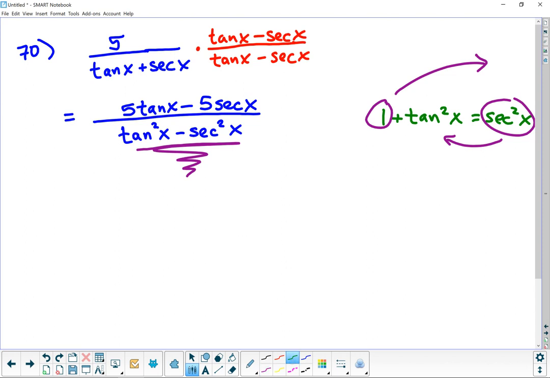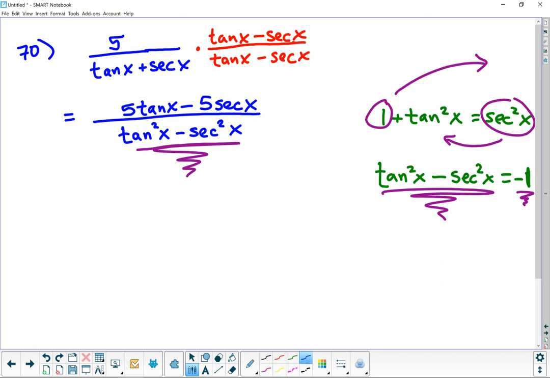By doing that, I will get tangent squared x, and if I move the secant squared x, I would subtract it, so it would be secant squared x, and then equals, and if I move that 1 over, it would be equal to minus 1. So if you look at that, we now have tangent squared x minus secant squared x, and that's equal to 1, or excuse me, negative 1.